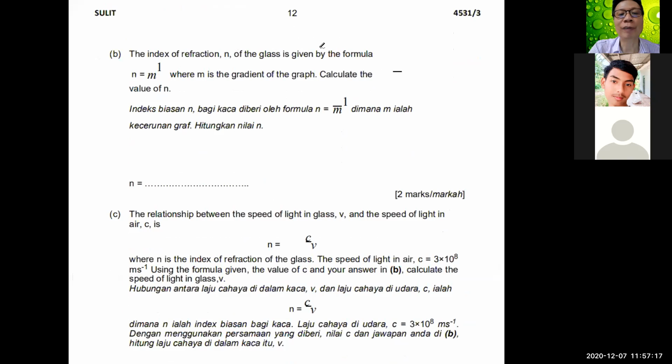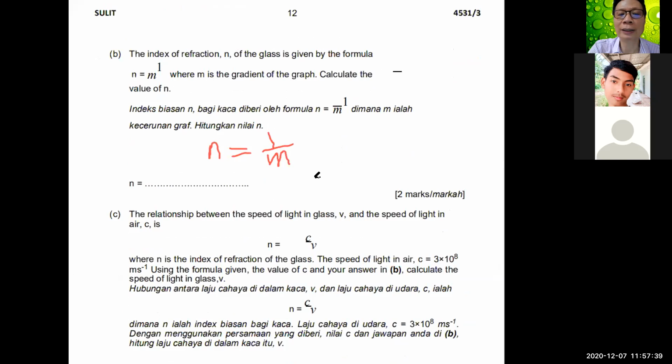The index of refraction is given by n equal to 1 over gradient. So you calculate now, n equal to 1 over gradient. Put the gradient answer here. So you find the answer now. Okay. So you check the answer given.